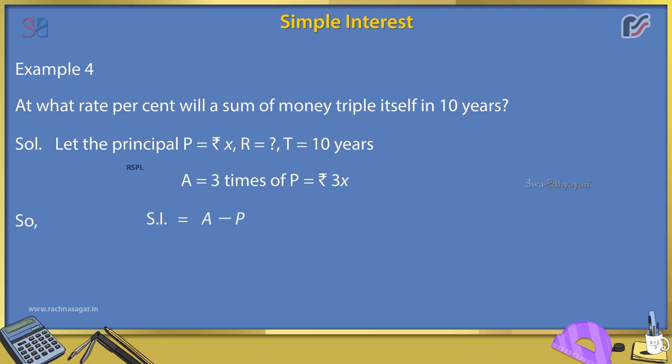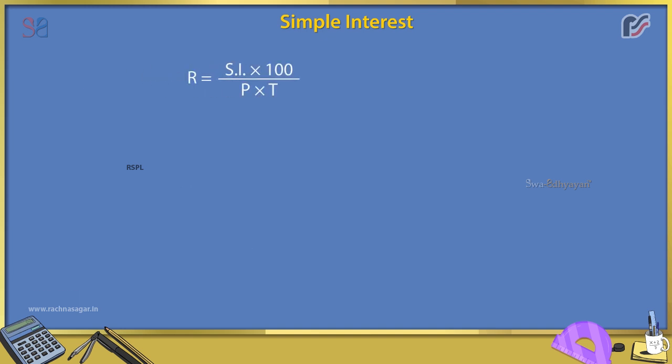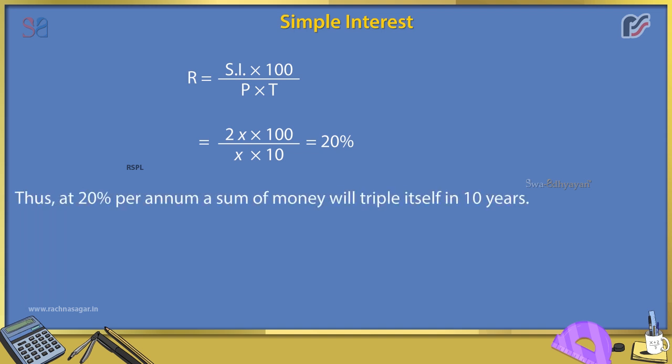So, SI is equal to A minus P, which is equal to rupees 3x minus rupees x, which is equal to rupees 2x. Now, we know that R is equal to SI into 100 by P into T, which is equal to 2x into 100 by x into 10, which is equal to 20%. Thus, at 20% per annum, a sum of money will triple itself in 10 years.